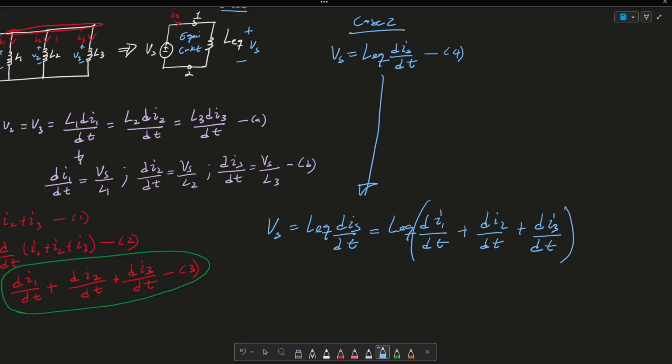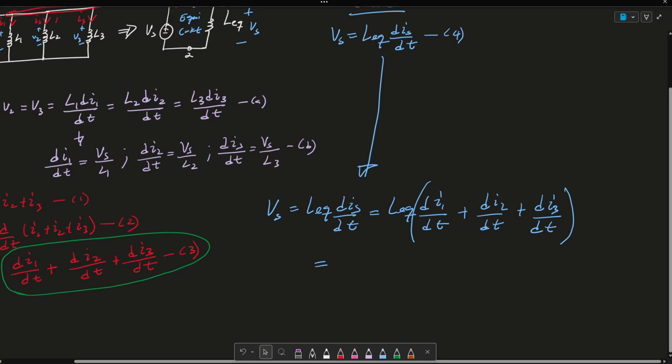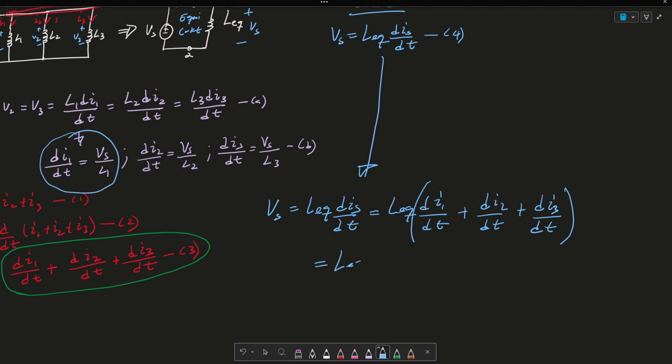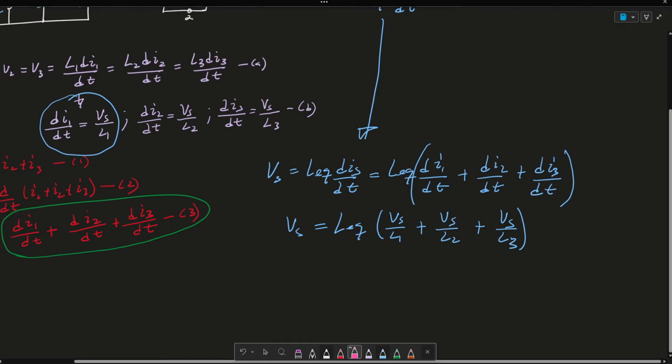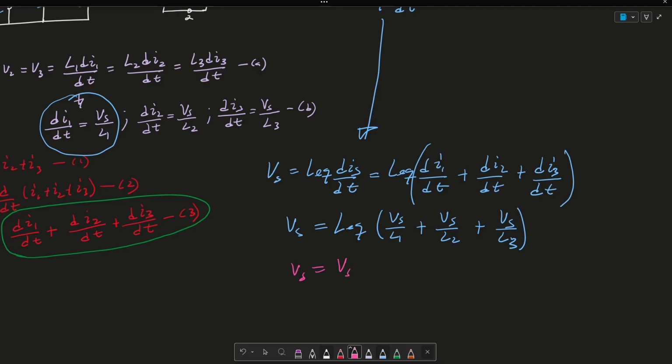And then we know di1 over dt is simply right here. So this is L equivalent times Vs over L1 plus Vs over L2 plus Vs over L3. This is equal to Vs. I can go ahead and pull out a Vs from my equation. So Vs is equal to Vs L equivalent times 1 over L1 plus 1 over L2 plus 1 over L3.